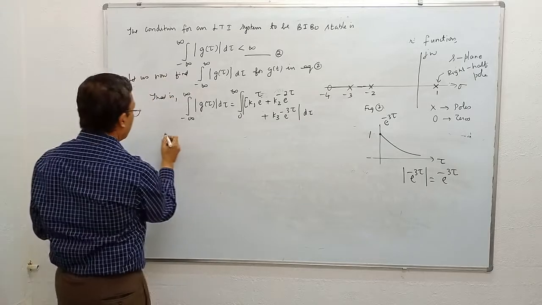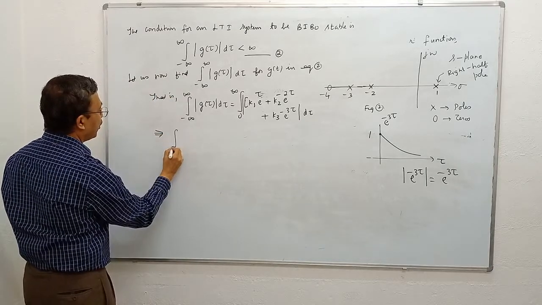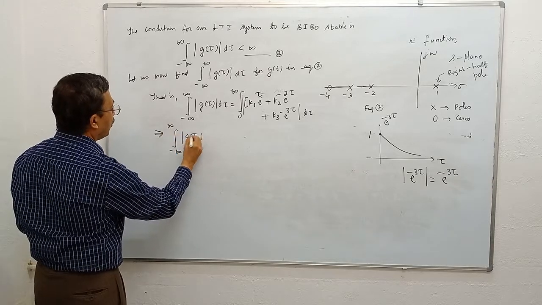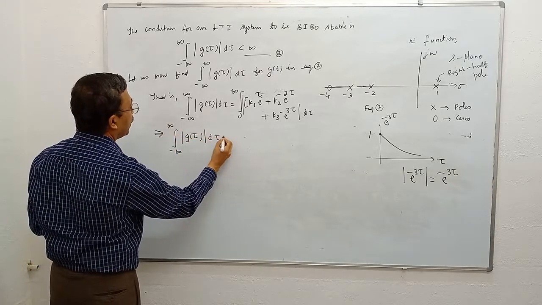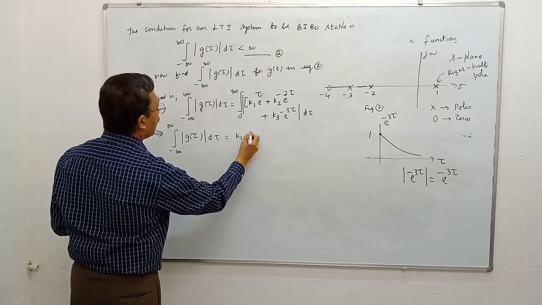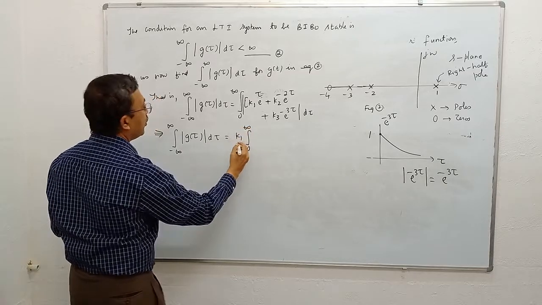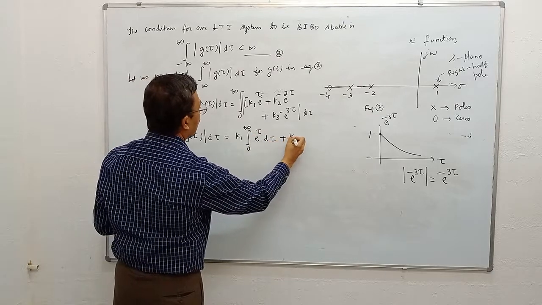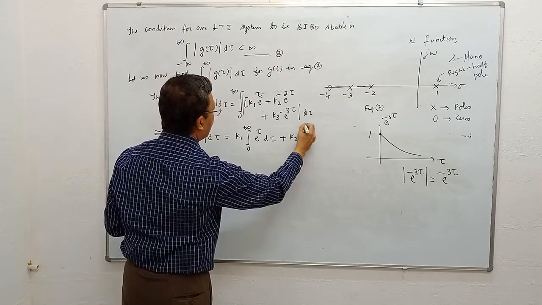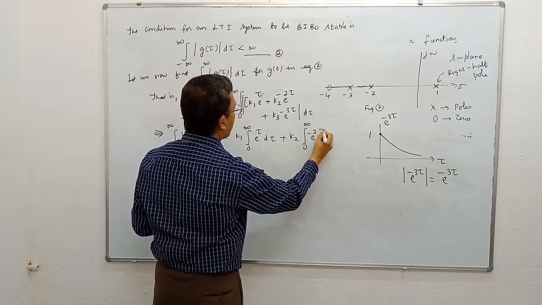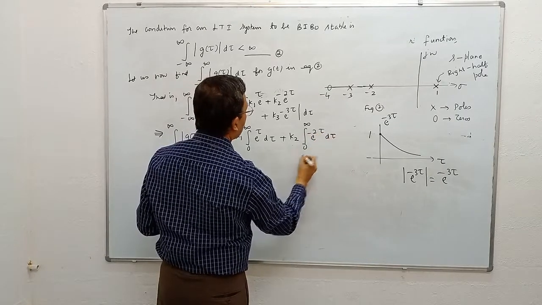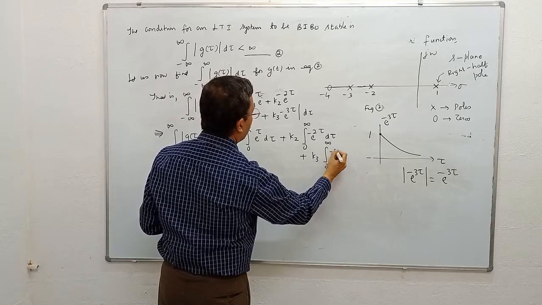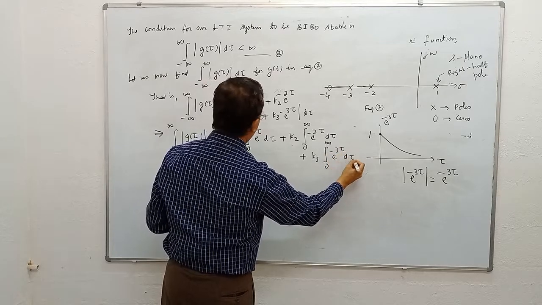So this equation can be written as the integration from minus infinity to plus infinity of modulus of g(tau) d tau equal to K1 integral 0 to infinity e^tau d tau plus K2 integral 0 to infinity e^(-2 tau) d tau plus K3 integral 0 to infinity e^(-3 tau) d tau.